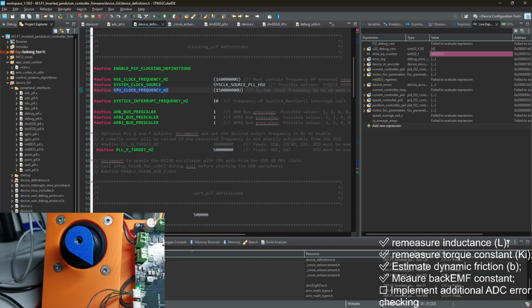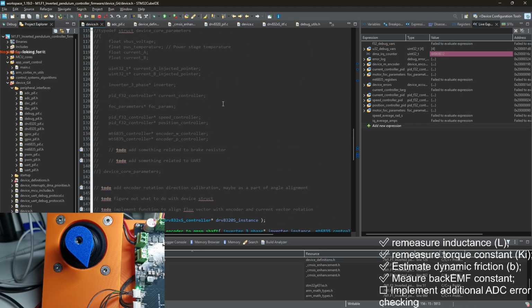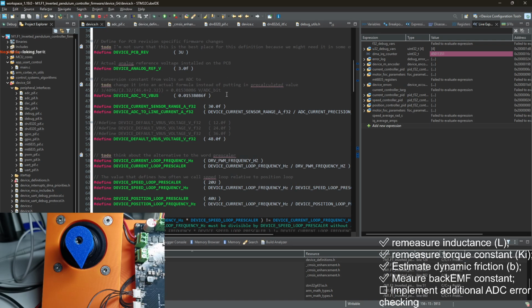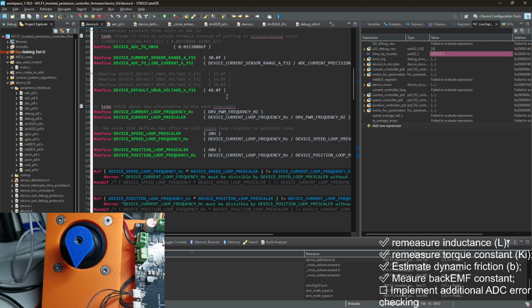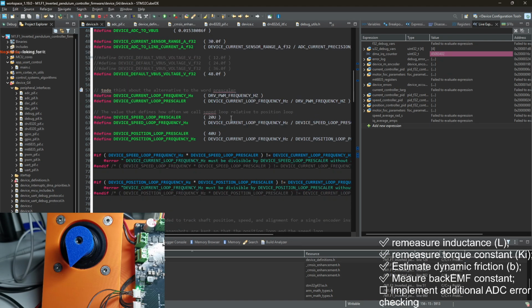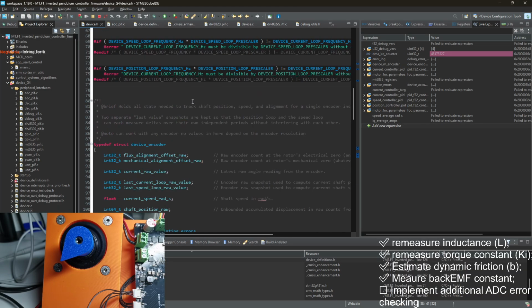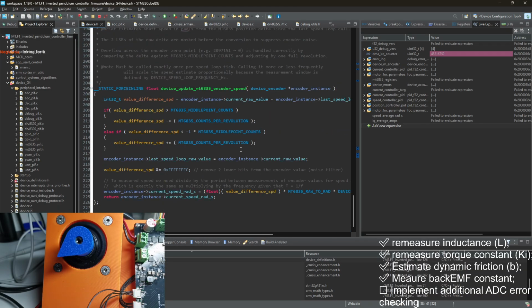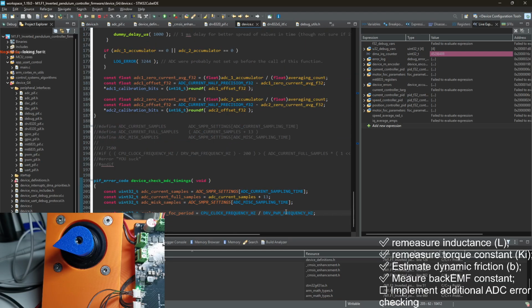And also, I think I have a better way to do it, given that we are in this file. And I would like to use current loop frequency, hertz, instead of... Where the hell am I? Instead of this value. This is much more correct.